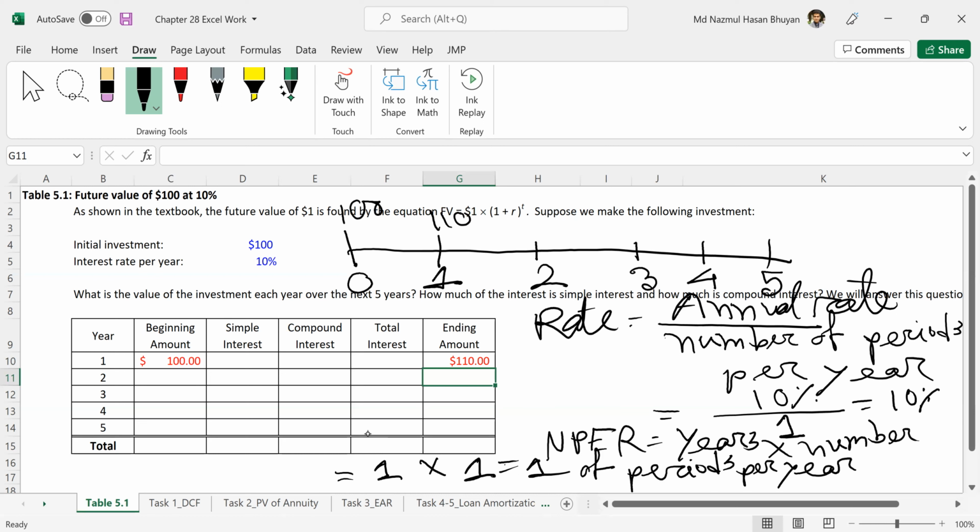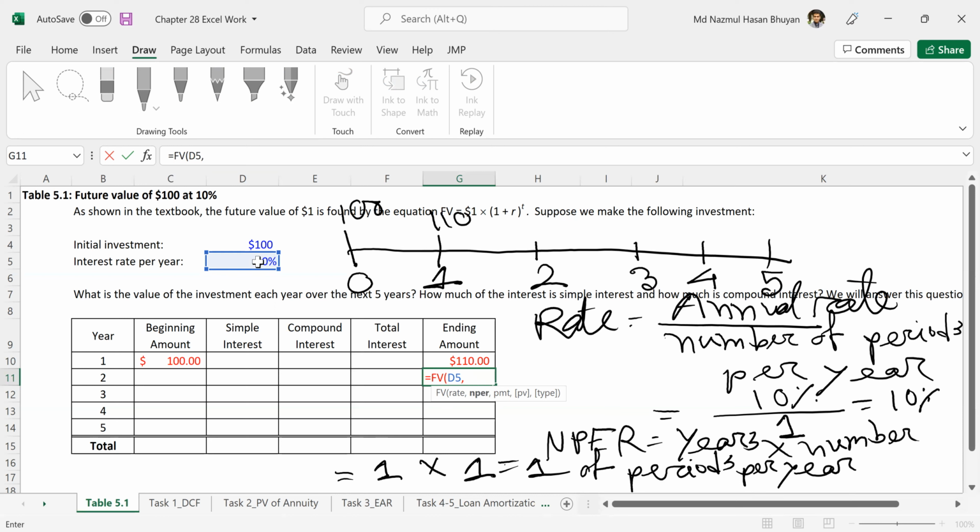Now let us calculate future value at the end of year number 2. We're gonna follow that exact same process. FV, rate, again rate should be 10%. Next, N per. This time you have how many time periods from year number 0 to year number 2?